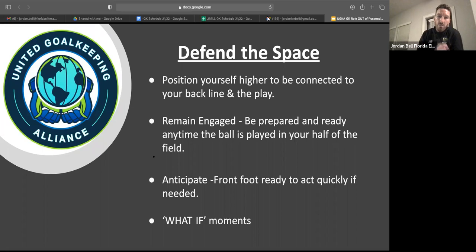And that's what's called defending the space. So again, are you connected to your back 4? If your back 4 is on the halfway line, are you going to stand on your goal line? Probably not. You're going to stand about the 18-yard box, the top of your box, or maybe just a little bit further out. And again, this will all make sense because we're about to watch a video.